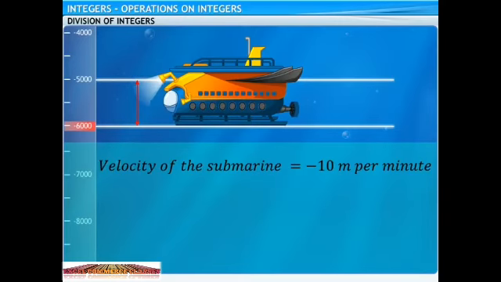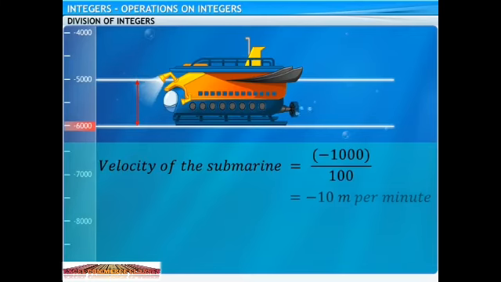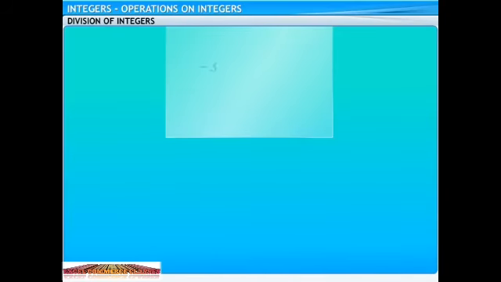How did Captain Jack arrive at this value? Well, he divided minus 1,000 by 100. Here, did you notice the division of integers? Take a look at the example given here. You can see that minus 3 times minus 5 gives us 15, and 15 divided by minus 3 gives minus 5.